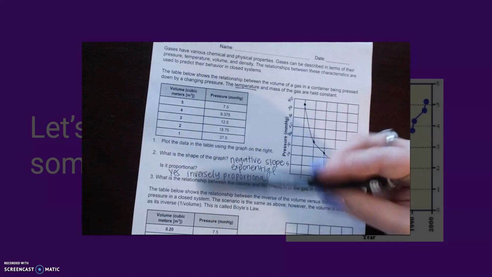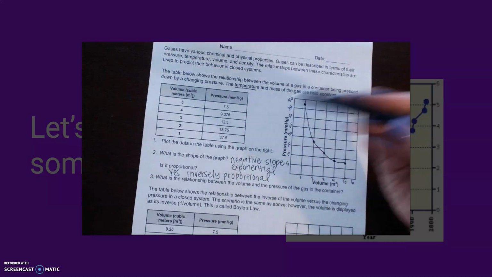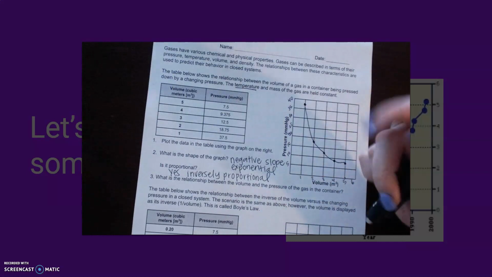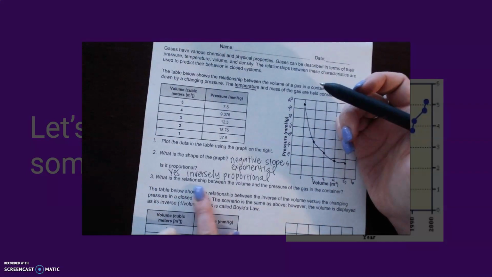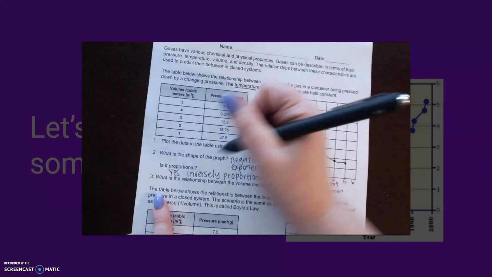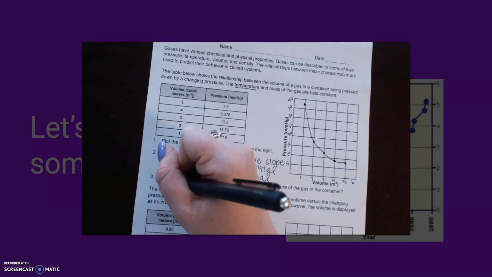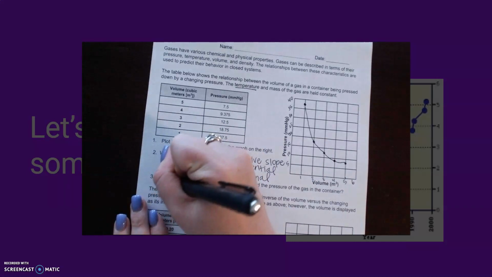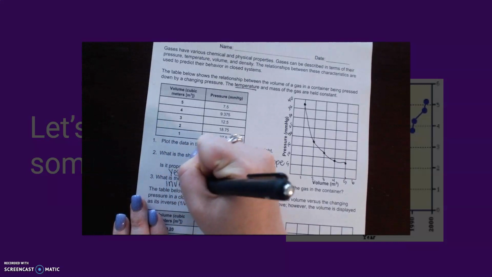So I know that the amount of space certainly has a relationship with how much pressure, how many collisions of those molecules are occurring. So I know that it's going to be an inverse because if one goes up, the other goes down. So I'm going to first write that. This is an inverse relationship.